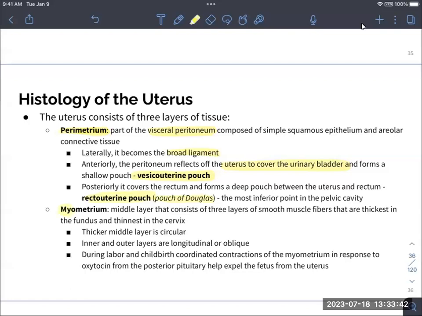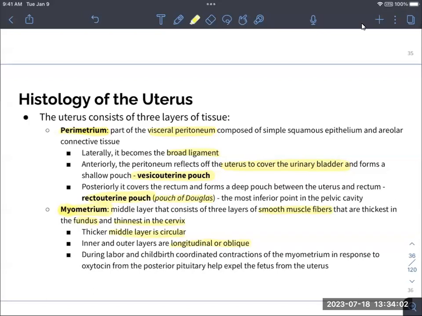Myo, muscle. So the myometrium is the muscular layer, that layer of smooth muscle fibers. They're thickest at the top and thinnest at the bottom. There's a circular layer, longitudinal and oblique layer.